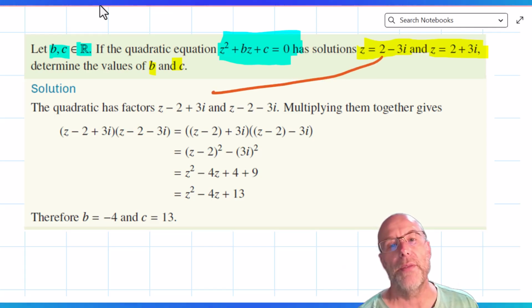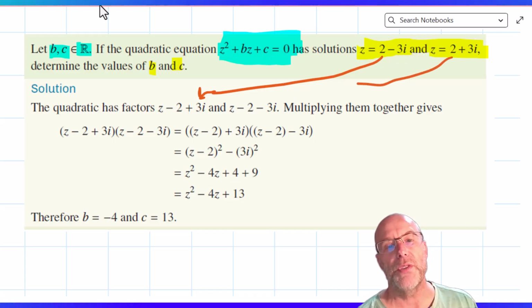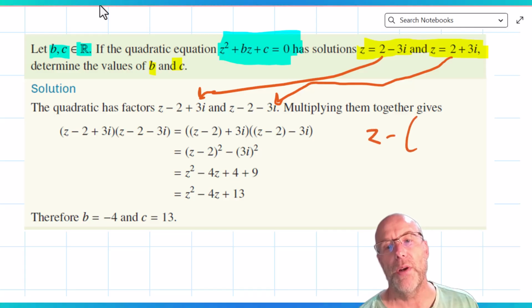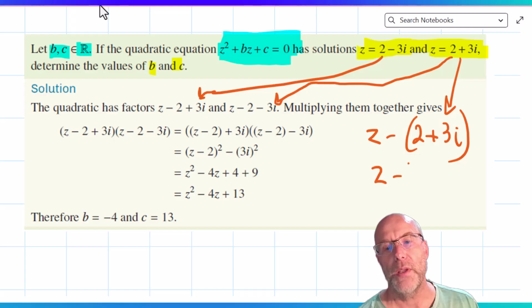So we have z minus 2 minus negative 3i, which is z minus 2 plus 3i. And we have z minus 2 minus 3i. Looking at this one for example, the root 2 plus 3i gives the factor z minus 2 minus 3i.